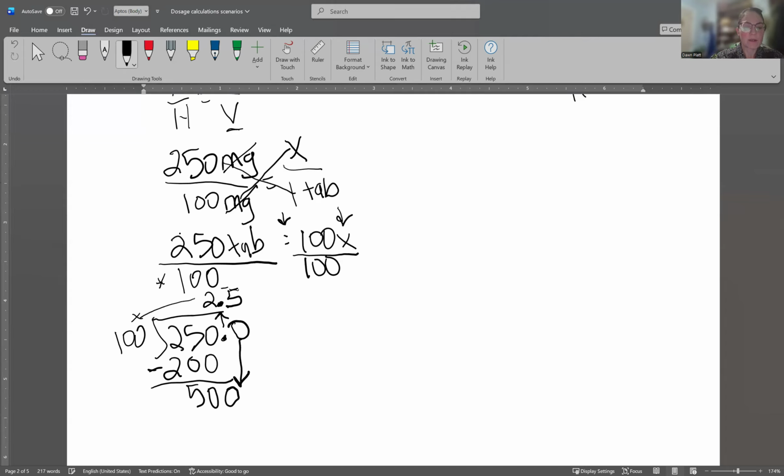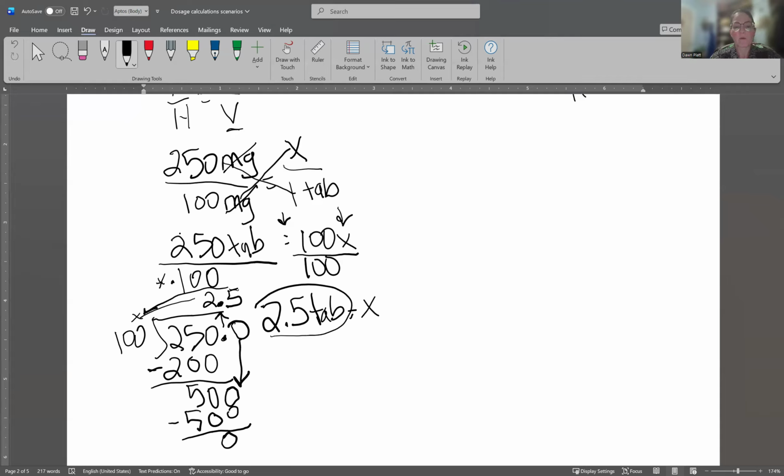Again, multiply times 100, you get 500, subtract, and you get 0. So 100 into 250 is 2.5 tabs equals X.